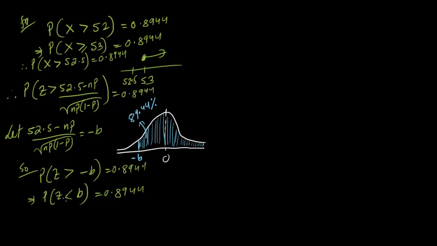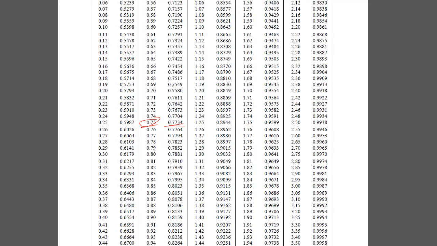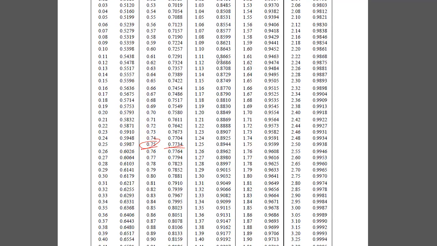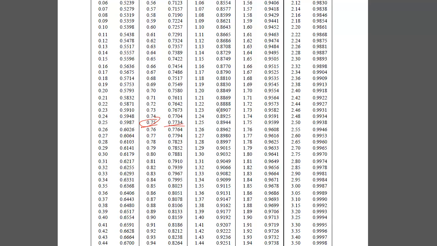Obviously we have to look up in the other table, the cumulative table. So 0.8944. Remember, we have to look up in the second column where the probability is given. So 0.8944 is going to be over here. So this is 0.8944 and the value of z is 1.25.